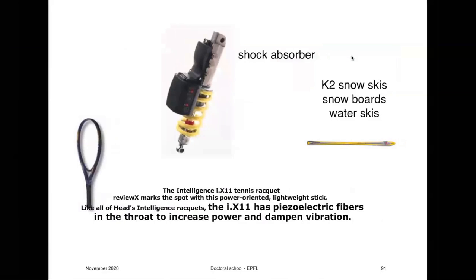This has been used in shock absorbers in skis and snowboards, snow skis, and in tennis rackets. When a tennis player hits a ball hard, the tennis racket will start oscillating, and that is very hard on the hand of a tennis player, and you want to remove those oscillations as quickly as possible.